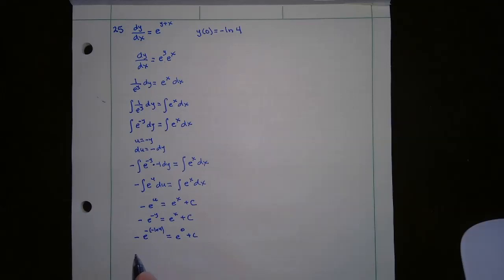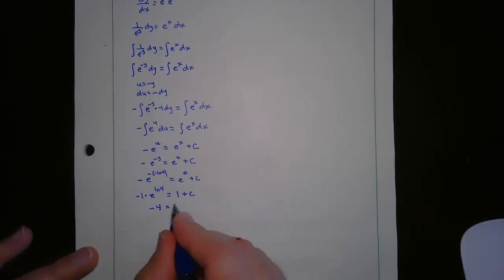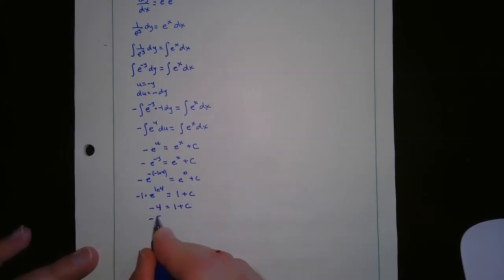So this becomes negative 1 times e to the natural log of 4 is equal to e to the 0, which is 1, plus c. e to the natural log of 4 just becomes 4. So this is negative 1 times 4, so negative 4 is equal to 1 plus c, and then I'm going to subtract 1, and I get negative 5 is equal to c, okay?